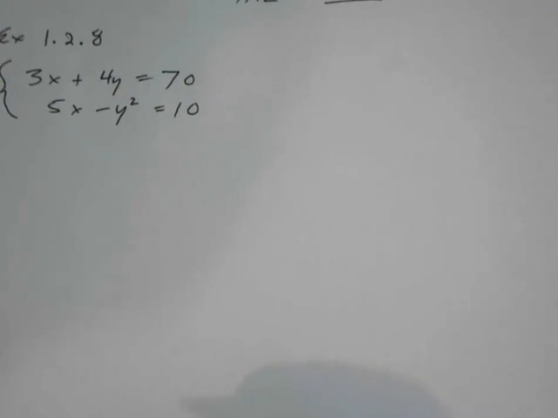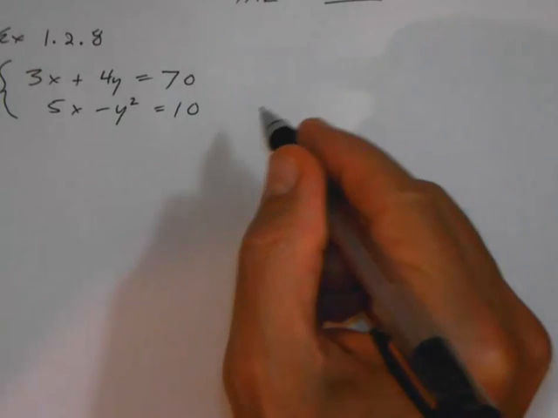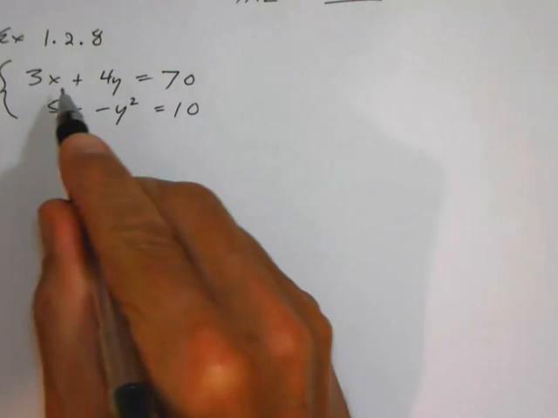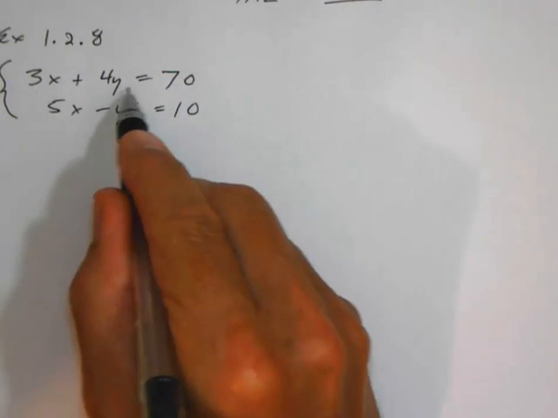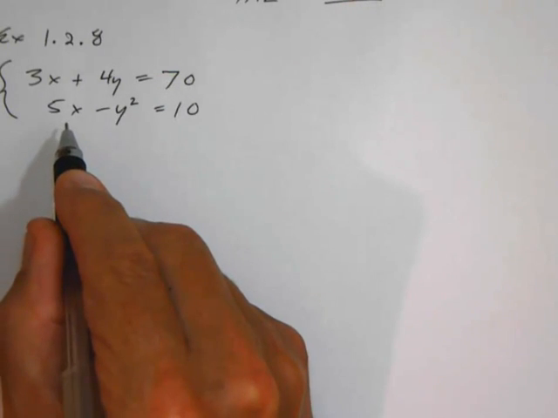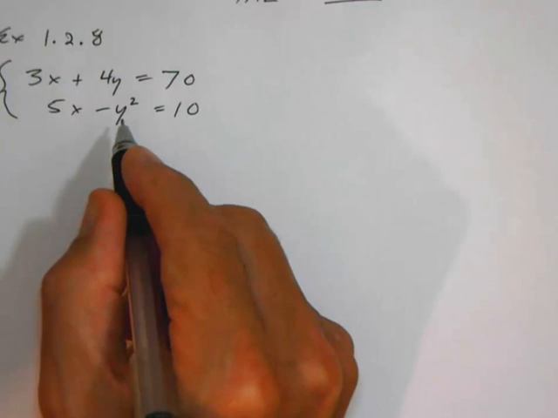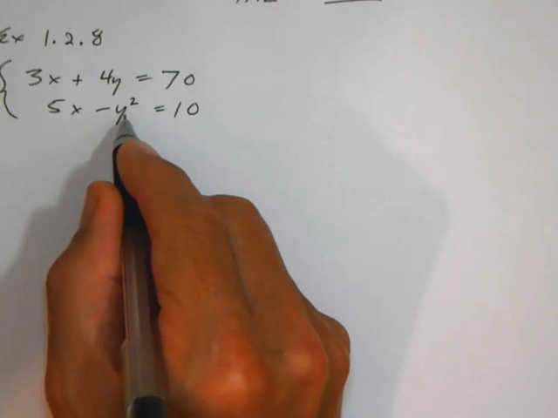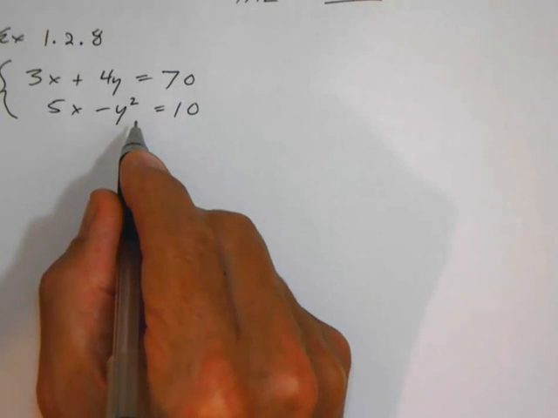Exercise 8. Let's have a look at this system. The first equation has the form ax plus by equals c. It's linear. The second equation, okay, right here, we've got this y squared term. That's not linear.